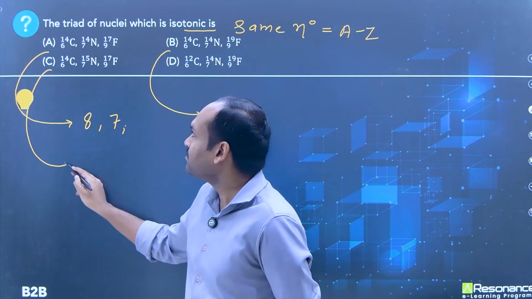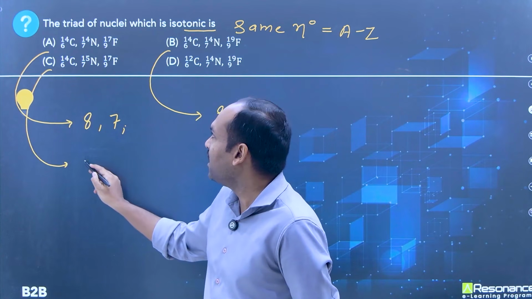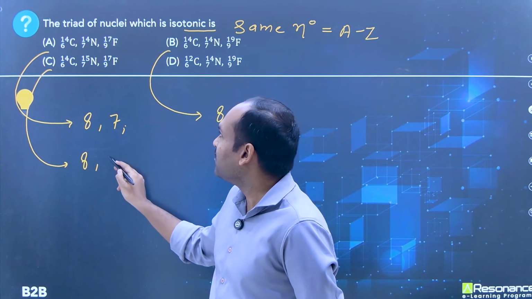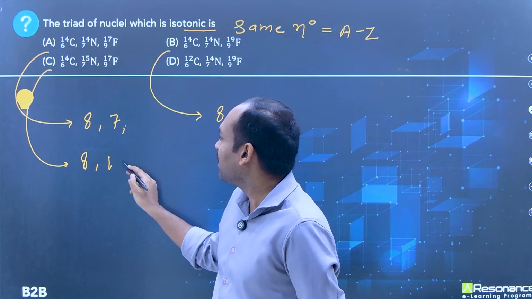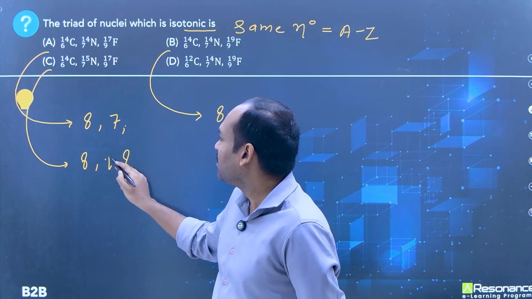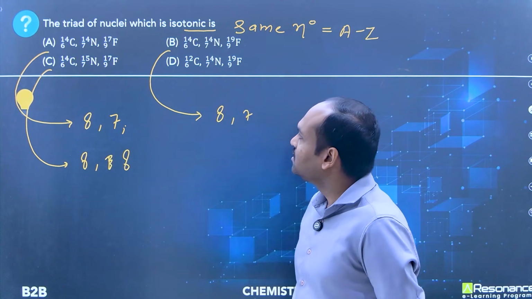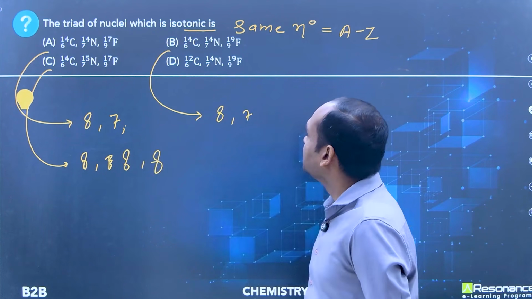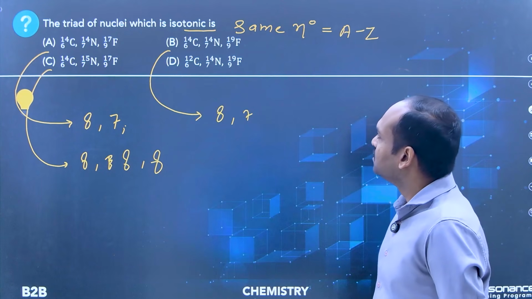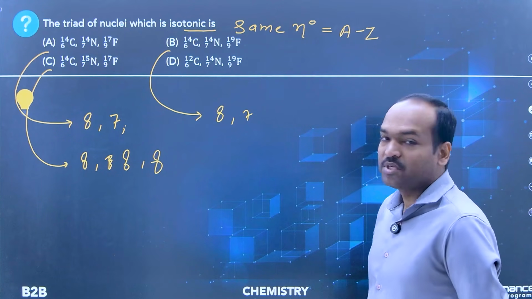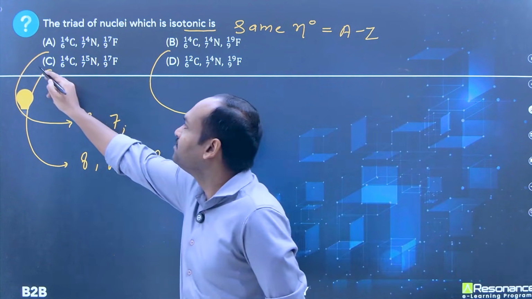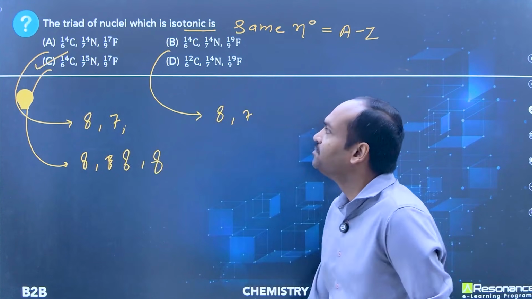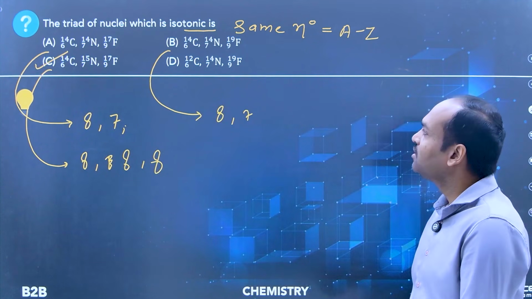C option, 14 minus 6, 8, 15 minus 7, 8, and 17 minus 9 is also 8. So we'll go for C option. C is correct. Okay, next.